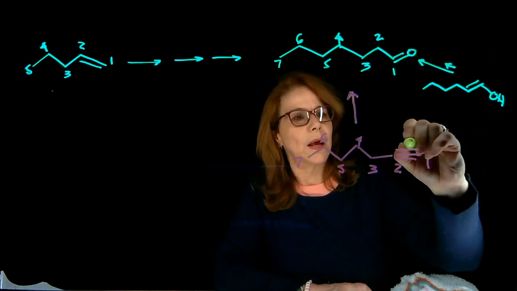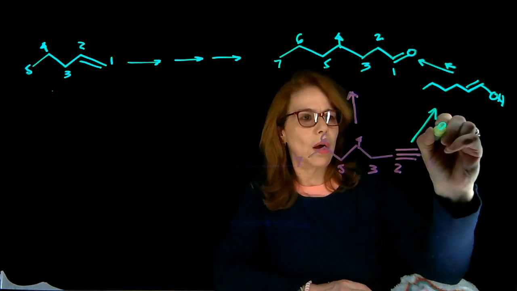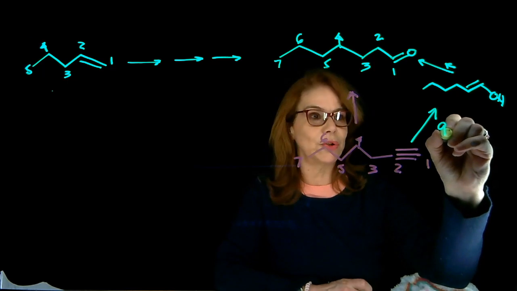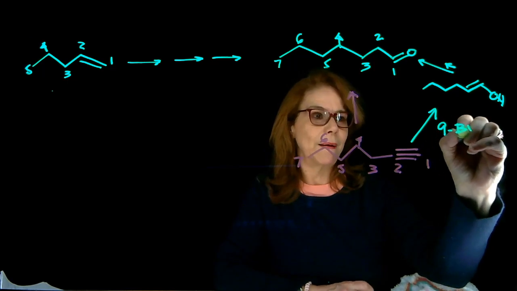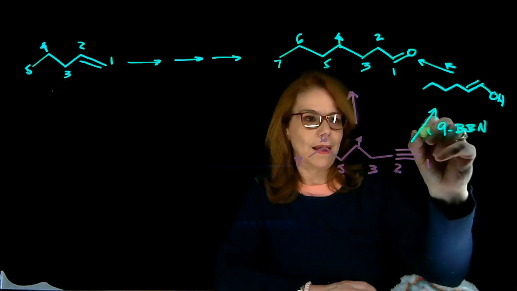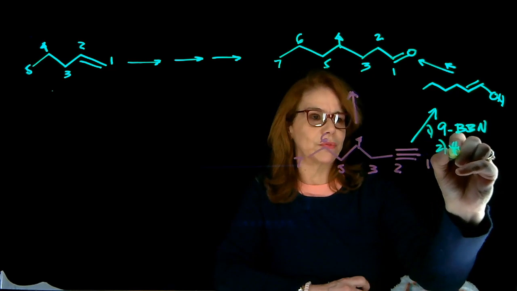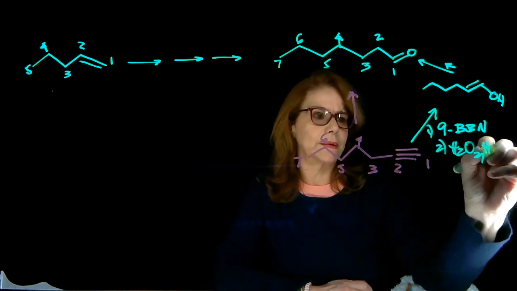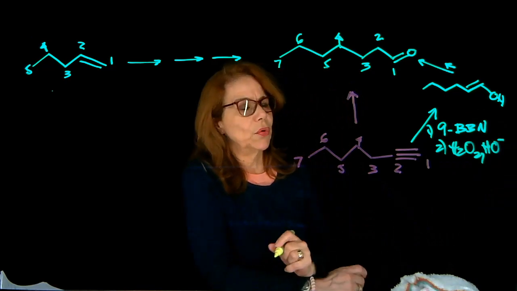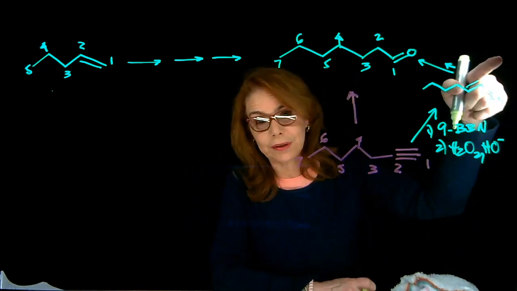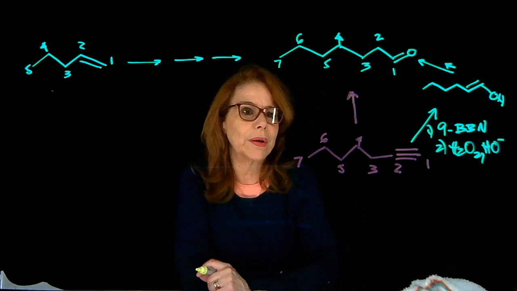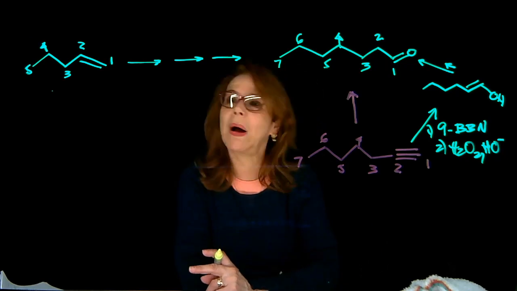From here, I can do an anti-Markovnikov hydration, with 9-BBN followed by hydrogen peroxide and base. I know that the enol is never isolated. You get the aldehyde.